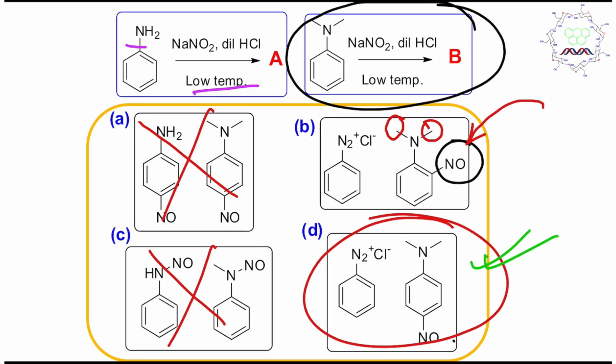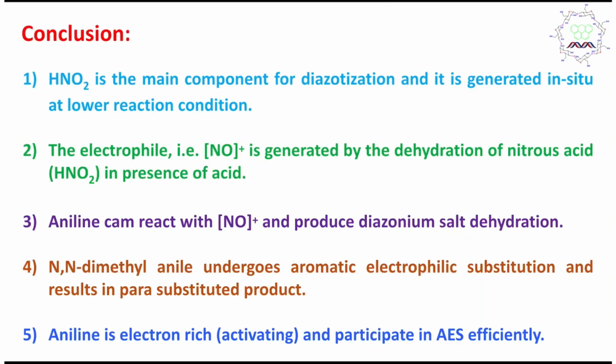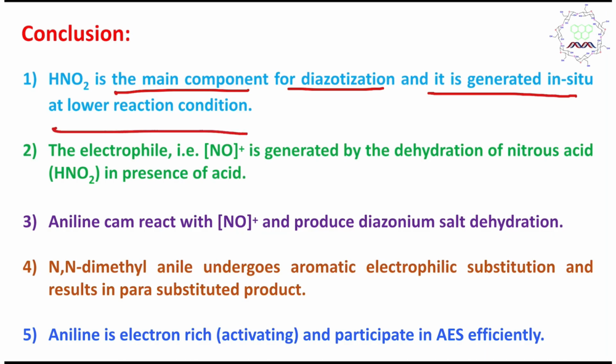But for that purpose, first you should study, and second you should practice new and new questions by yourself. That's the best way. So in conclusion, what you have learned today is that HNO2 is the main component for this diazotization reaction, and it is generated in situ in the reaction medium at low temperature, that is 0 to 5 degrees centigrade. The electrophile, NO+, is generated by the dehydration of nitrous acid in the presence of dilute HCl.